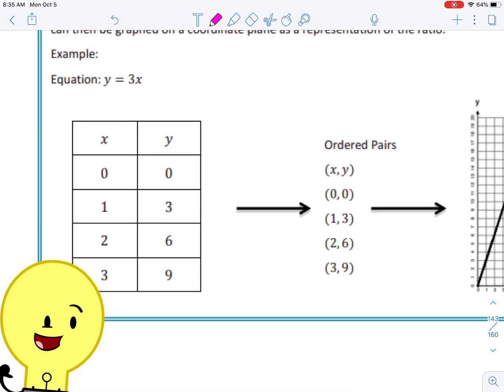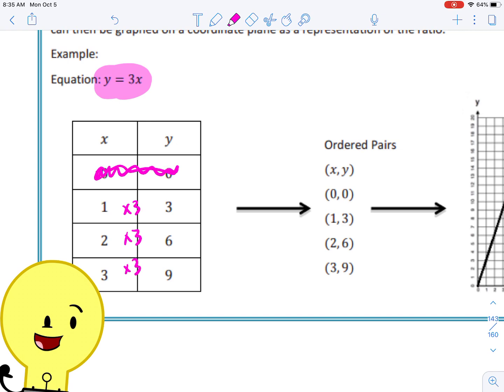Let's look at this table. It says y equals 3x. I'm going to scratch out the zeros because we don't need those. What are we doing to x to get y? Well, we're multiplying by 3. Everything in the x we're multiplying by 3. That's why they came up with this equation.